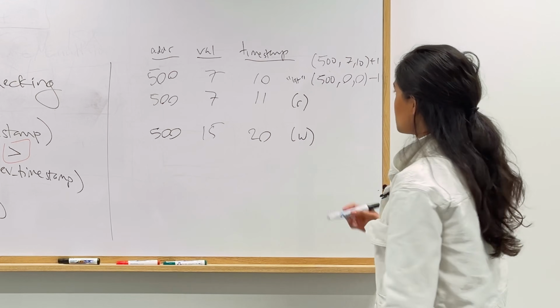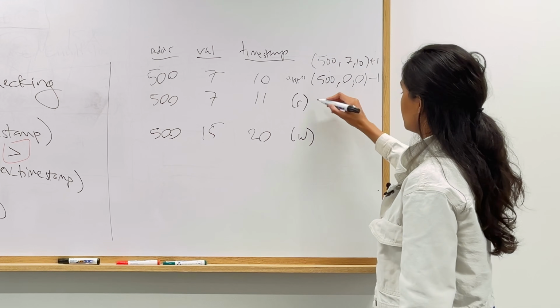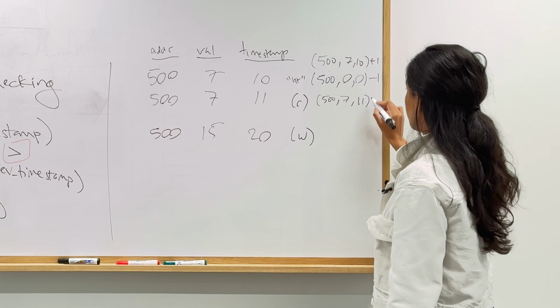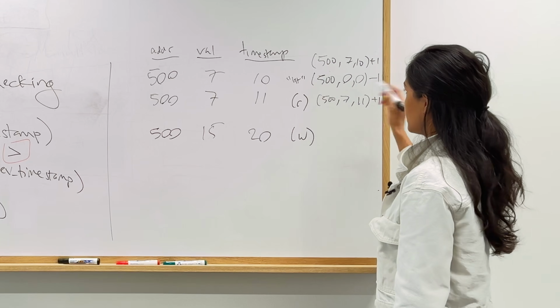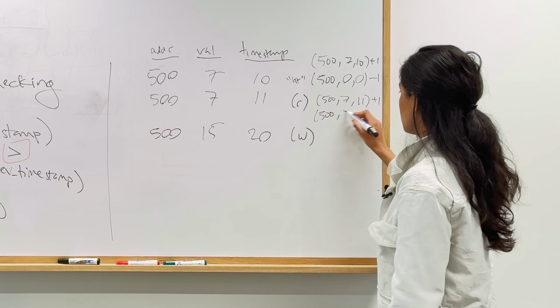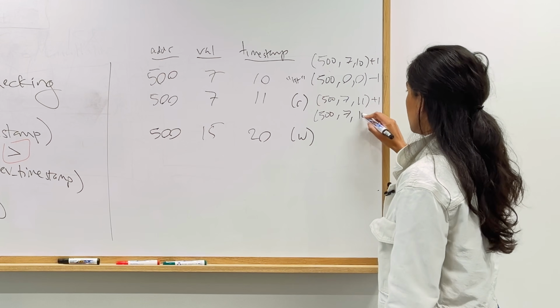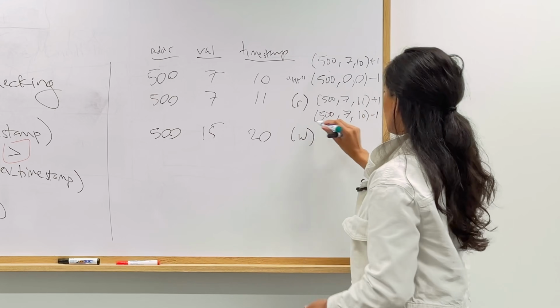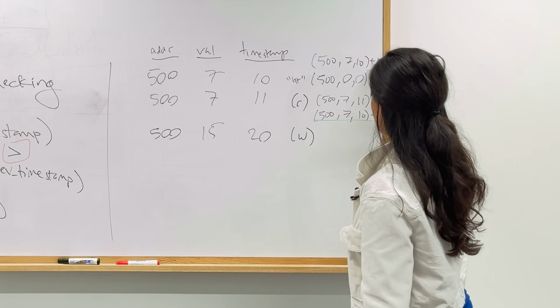Here, you can see that we've added 500, 7, 11 with +1, and we've added 500. The previous value was 7, and the previous timestamp was 10 with -1. So you can see this guy here cancels this guy here, right?